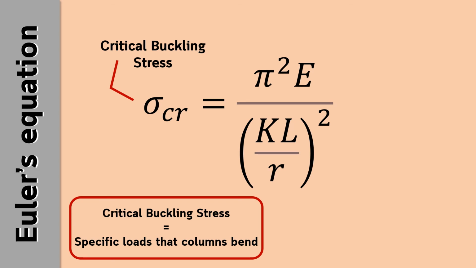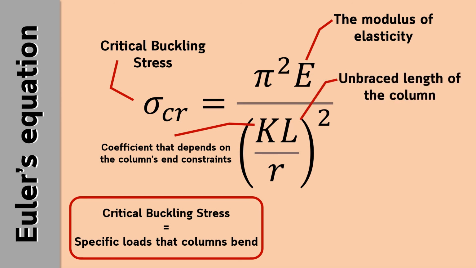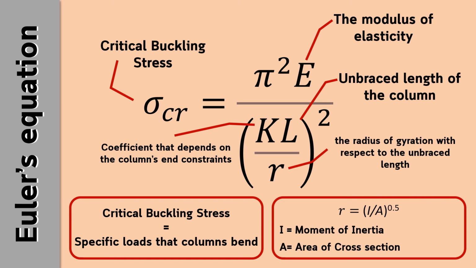Critical buckling stress is equal to pi squared E, where E is the modulus of elasticity, divided by (KL over r) squared, where K is a coefficient that depends on the column's constraints, L is the unbraced length of the column, and r is the radius of gyration with respect to the unbraced length. r is equal to the square root of I divided by A, where I is the moment of inertia and A is the area of cross-section.